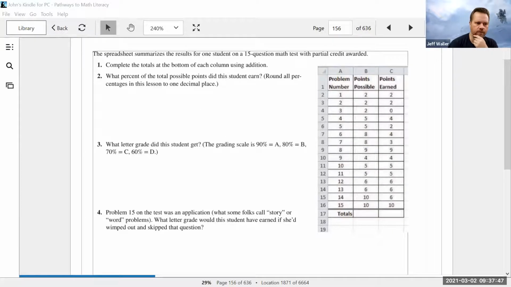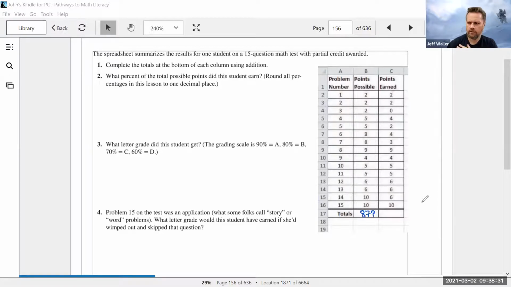So real quick, can somebody do this? What's the total of column B? I think it's 87. Is that right? Yeah, it's 87. Thank you.